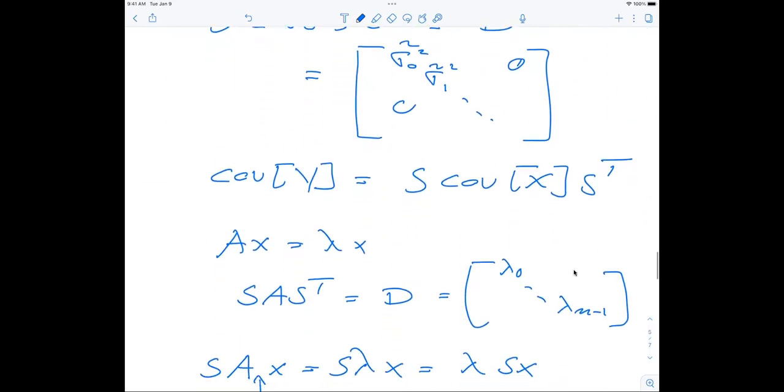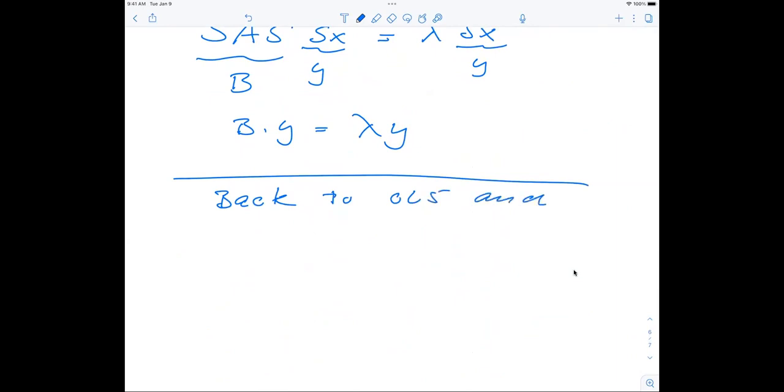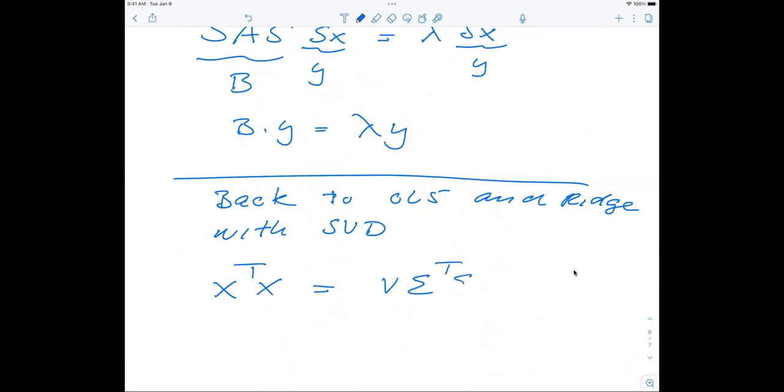And now after the break, we are going back to OLS and reach in terms of SVD. So what we found, let me just write this up, is that we could write this as V times sigma transpose times sigma times V transpose.